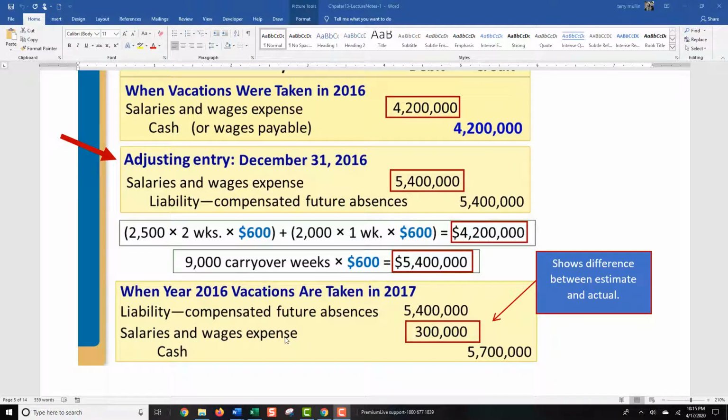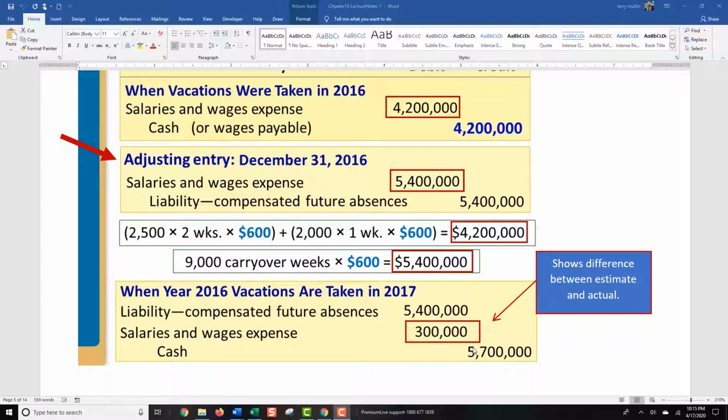So where does that expense go? It just has to go in the current year because you can't do anything about it. So when people actually take their vacation the next year, you estimated $5,400,000, so you take that $5,400,000 off the books.